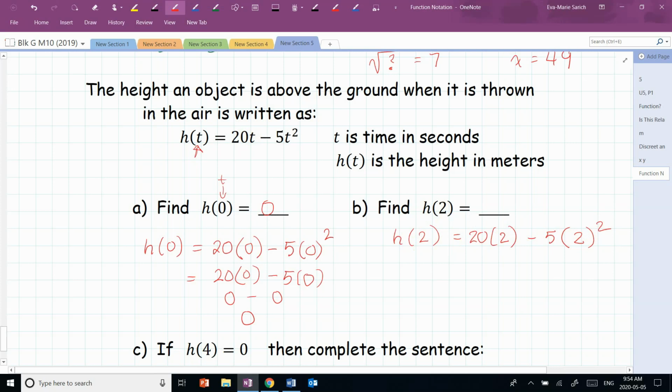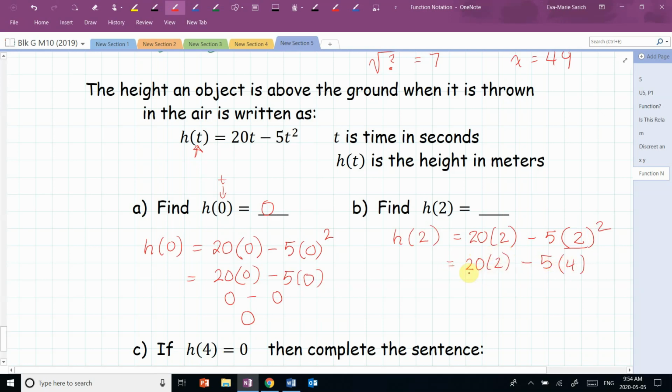Following BEDMAS, we need to do our exponents first, so 2 squared gives us 4. Now we have 20 times 2 subtract 5 times 4.